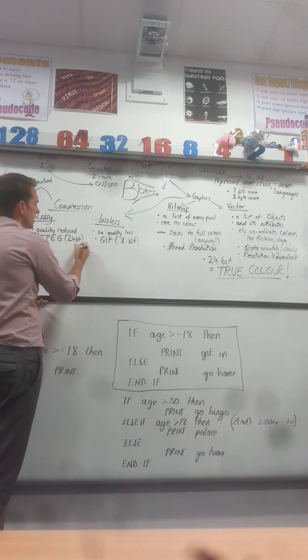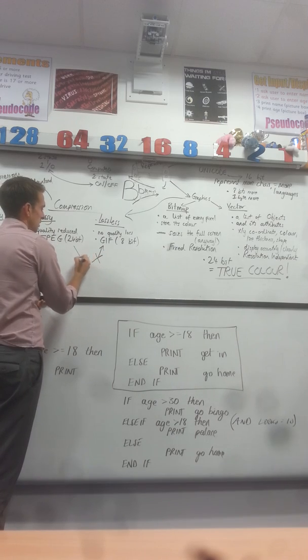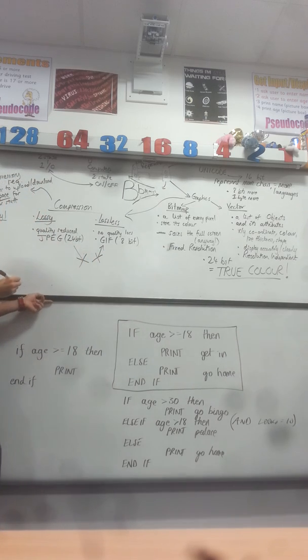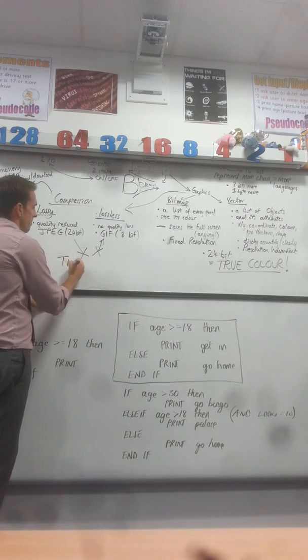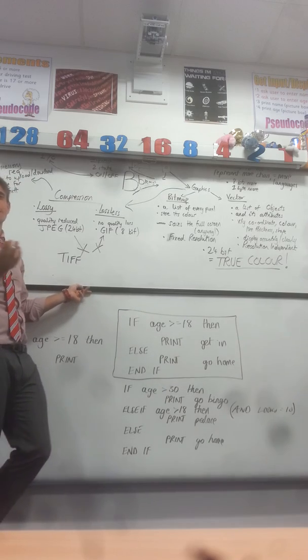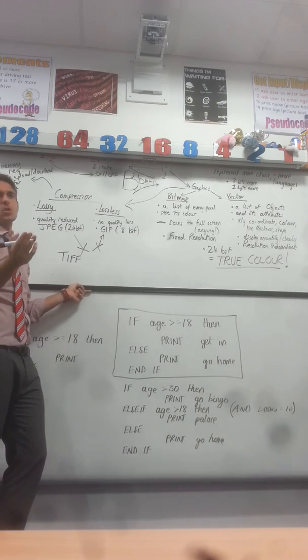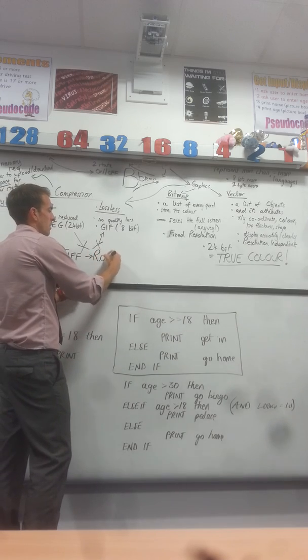We spoke about one other image file format that was neither lossless or lossy. TIFF. You could argue it's lossless because there's no effect on the image quality, but it's not lossless because it's what type of format? It's not compressed, so it's a raw format.